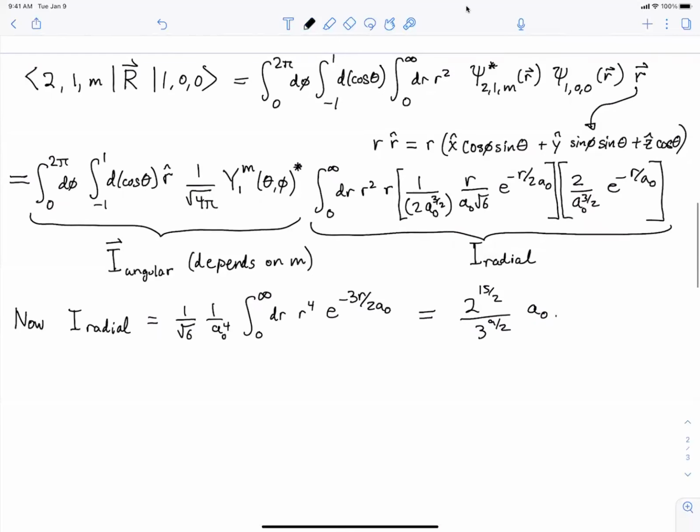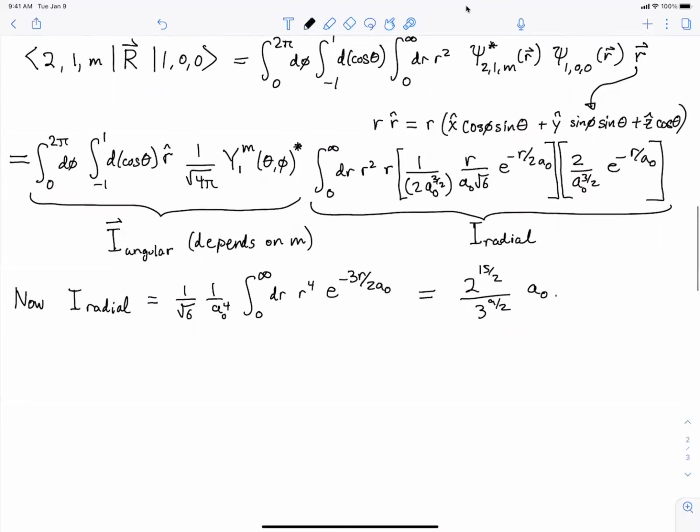And so now we need to do the angular integrals. So fortunately, some of them are still going to be 0. Okay, but we're going to need the Y_lms that are relevant.